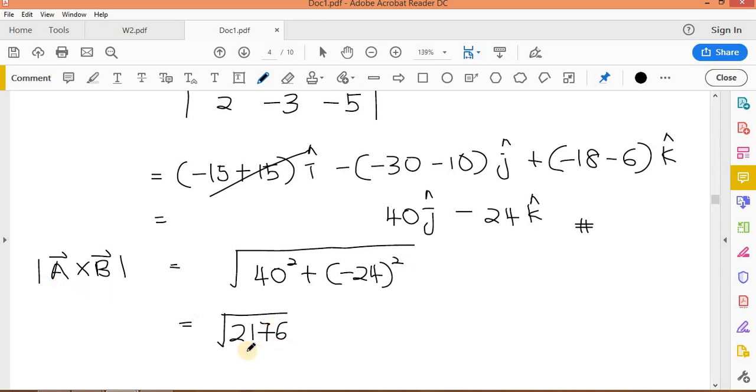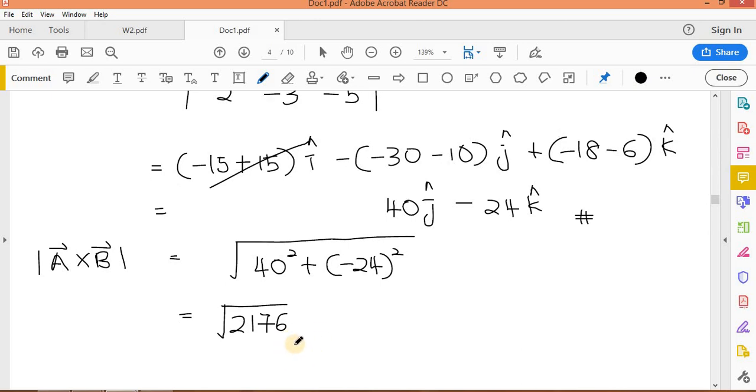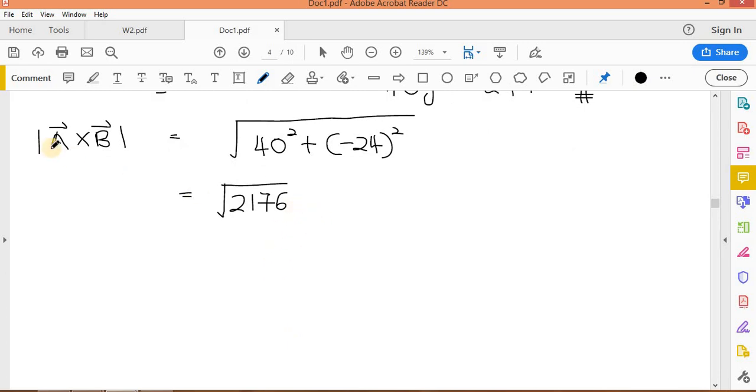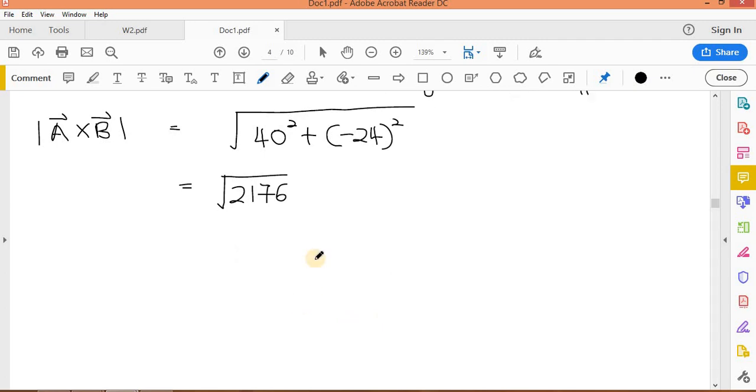Actually there is a meaning for this one. The value represents the area of the parallelogram which is formed by vector A and vector B. I just give you a very simple illustration. For example, this is your vector A. I just estimate it, I don't really draw it properly. So this is your vector A, right?